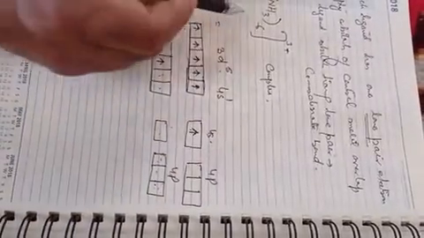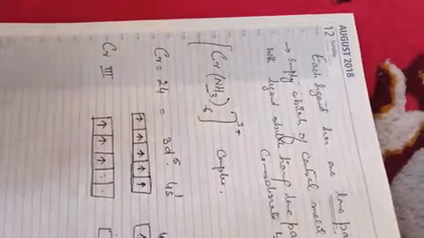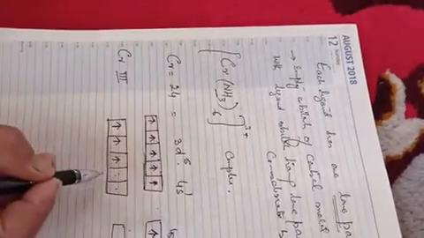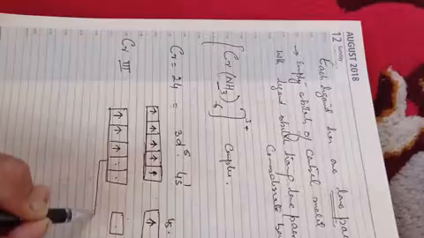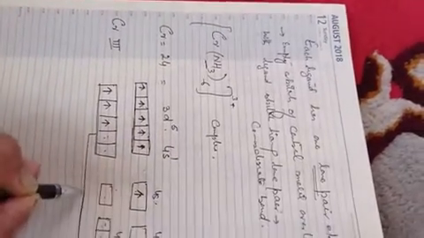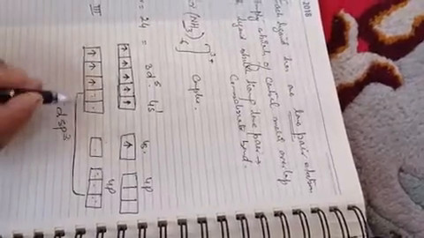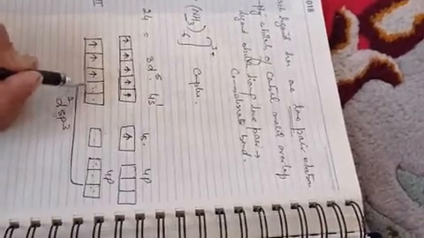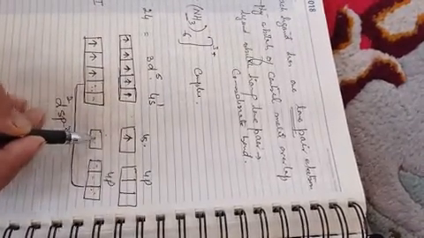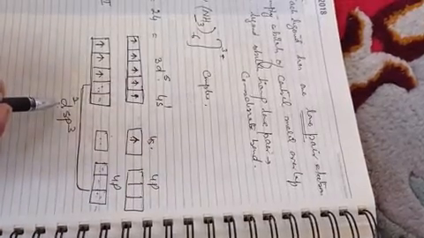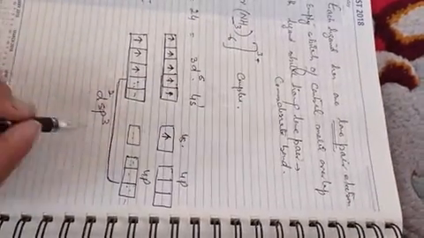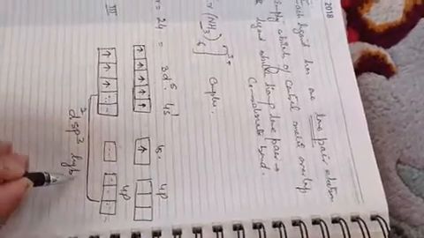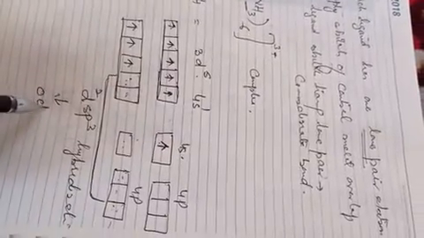Now there are 6 ammonia molecules having lone pairs of electrons. They will combine here. First the orbitals will hybridize: two d orbitals, one orbital from 4s, and the 4p orbitals. It will be d2sp3 hybridization, and the shape will be octahedral.